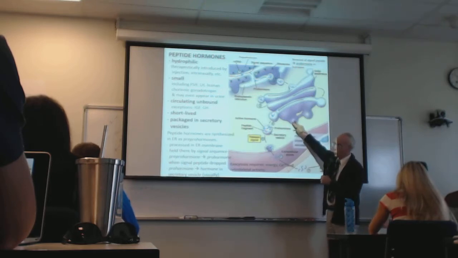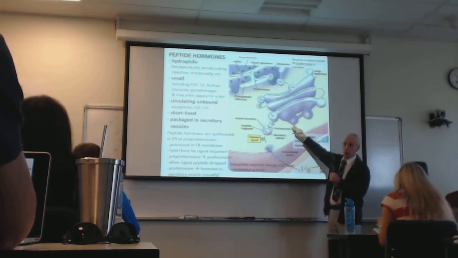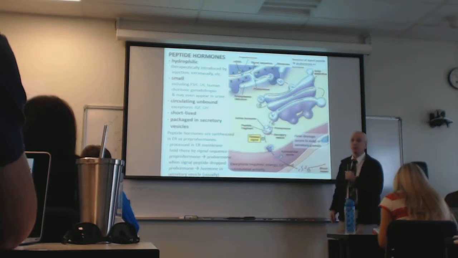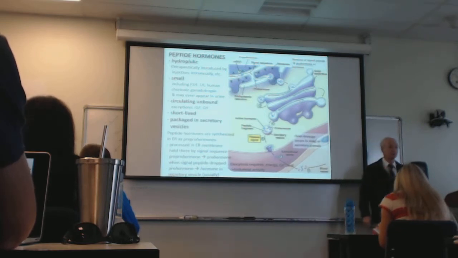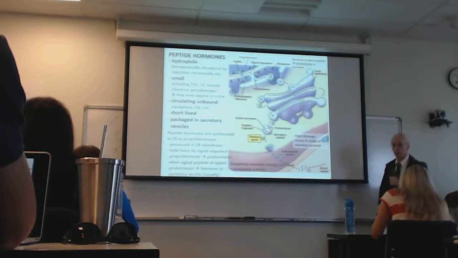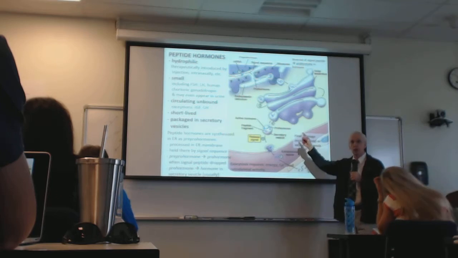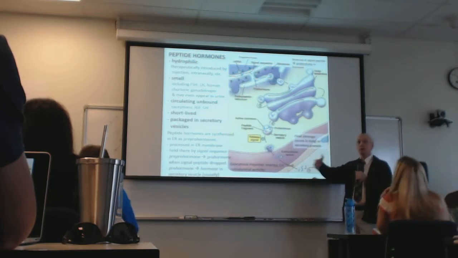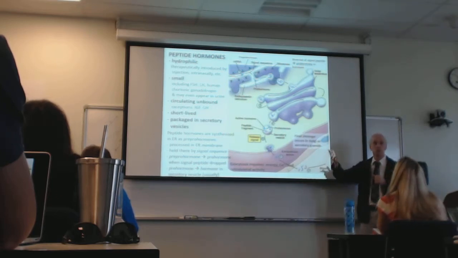Now, the pro-hormone, now in the Golgi, is going to be further modified. You probably remember from your basic biology or basic science courses something called post-translational processing. We finished the process of translation in the ribosome. We're now going to chemically modify that protein to suit it more for its position in life.